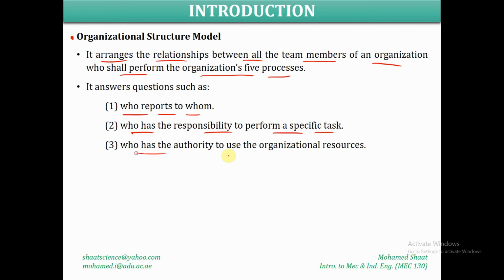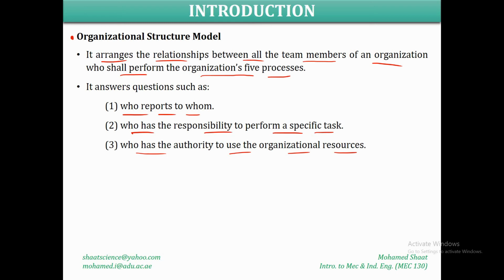Who has the authority to use the organizational resources? Resources include the chairs, the desks, this projector, this whiteboard, my office, the doors, the lights, all the facilities, anything found within this organization. It belongs to the university.